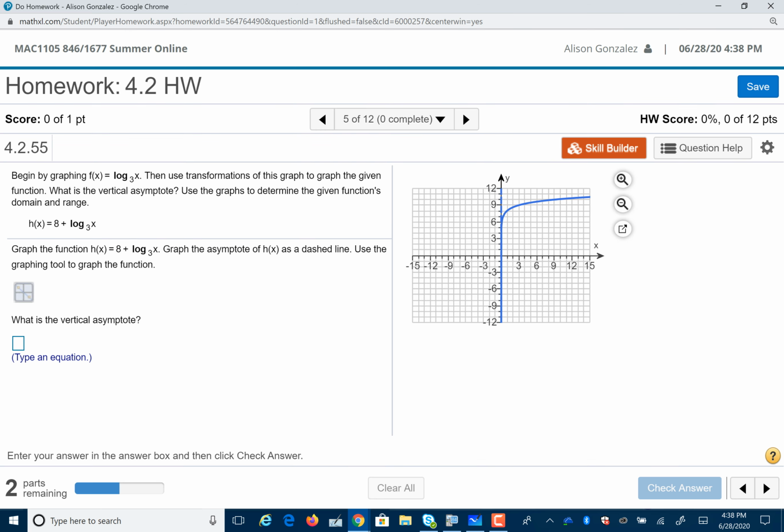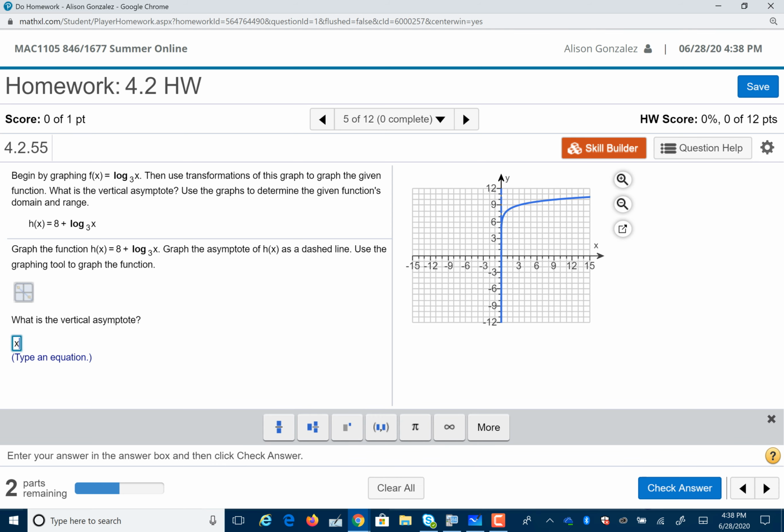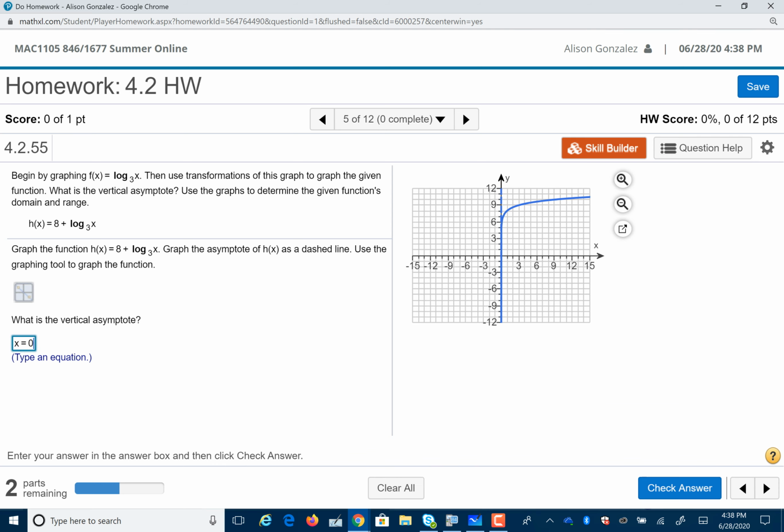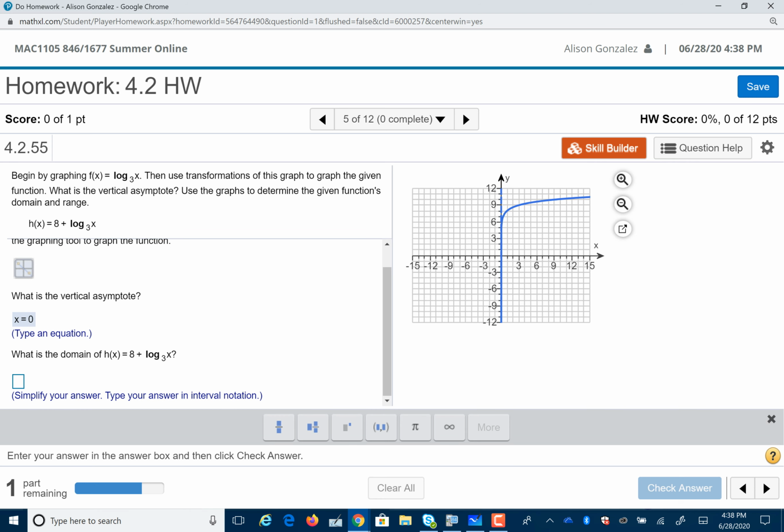Now it's asking for the vertical asymptote, which we just said was the line x equals 0. And now it's going to ask for the domain. I think the easiest way to look at the domain is to look at the x values where the function's defined. We know for a log function that it's not defined at 0, so we'd have an open parenthesis on 0.